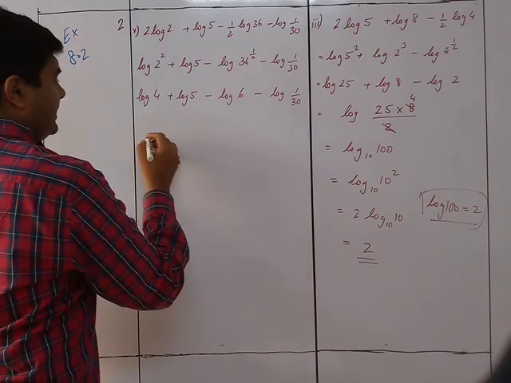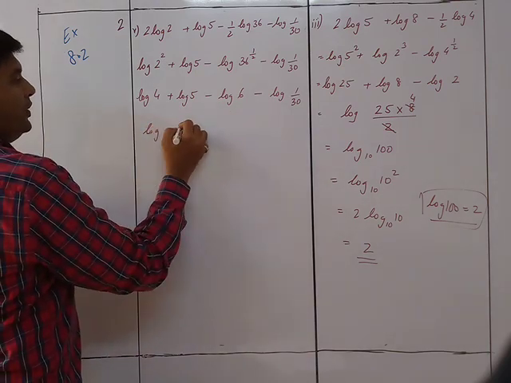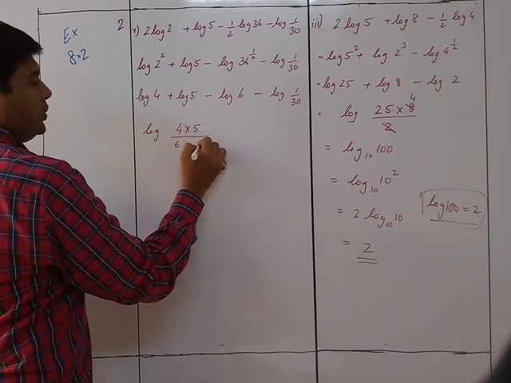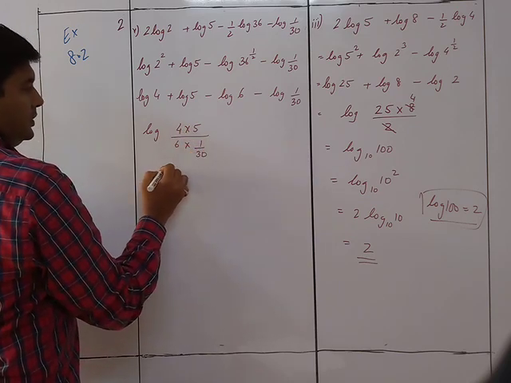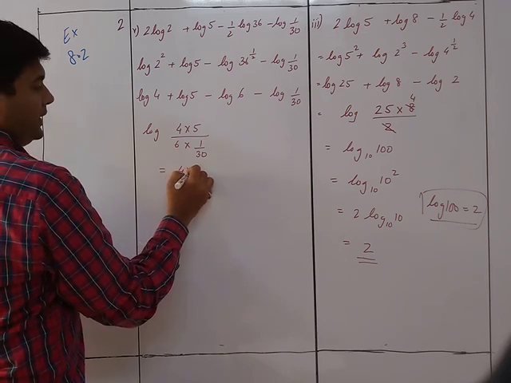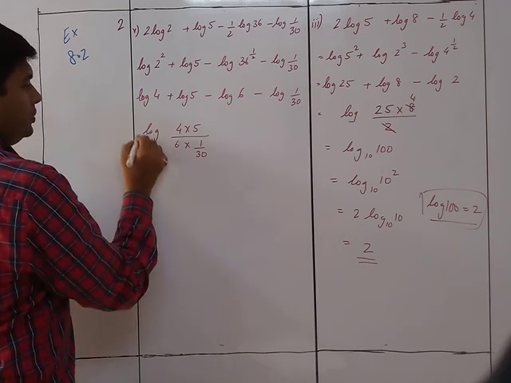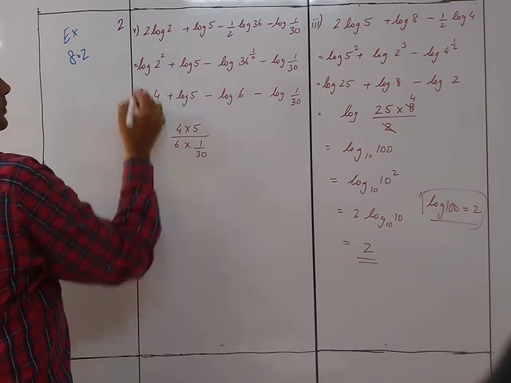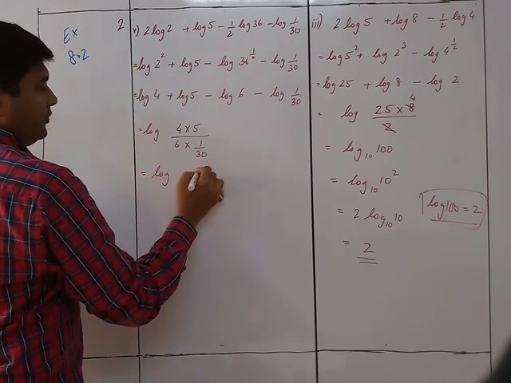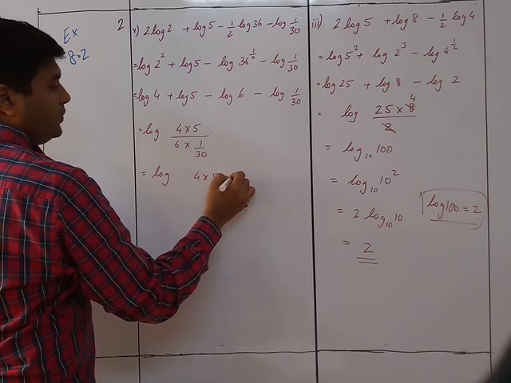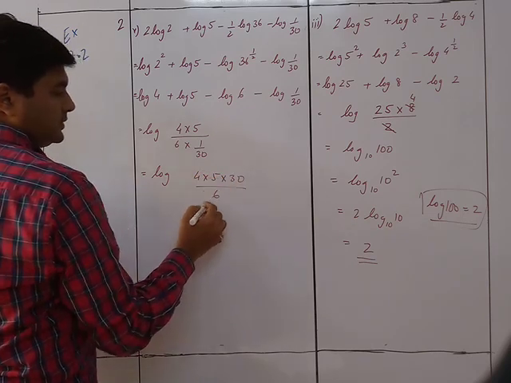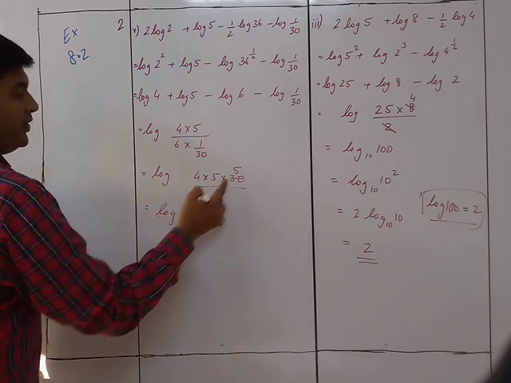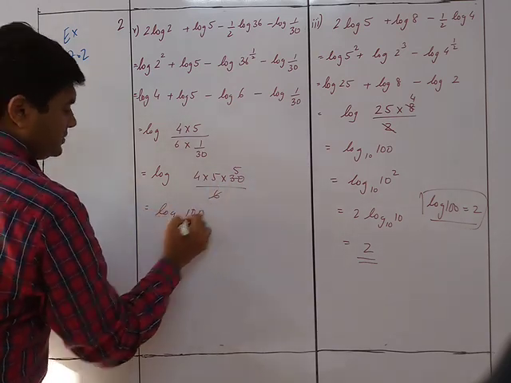Addition, subtraction, taking it over there. So log of 4 into 5 upon 6 into 1 upon 30. So that makes it log of 4 into 5 into 30 upon 6. That's 5 is up. So it's equal to log of 5 is 25, it's 100. So it's equal to 2.